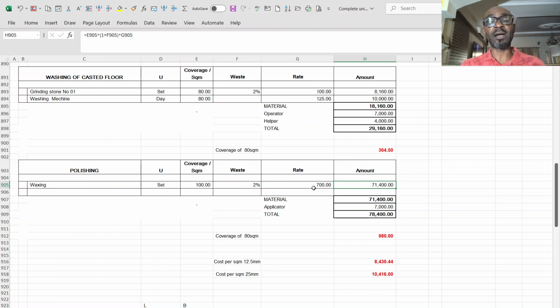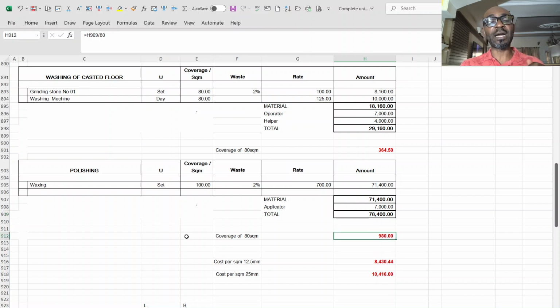The 700 per square meter multiplied by 100 gives you 71,000 plus waste, it gives you 71,400. The cost for the applicator that is going to wax it is 7,000. You add that to the material, you have 78,400 naira 00 kobo.